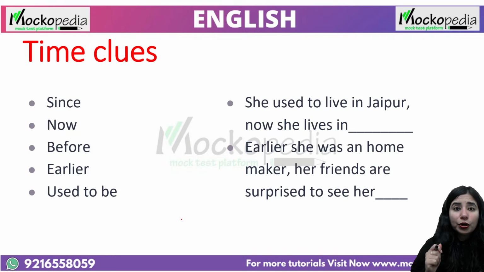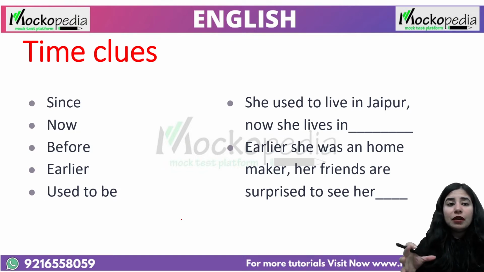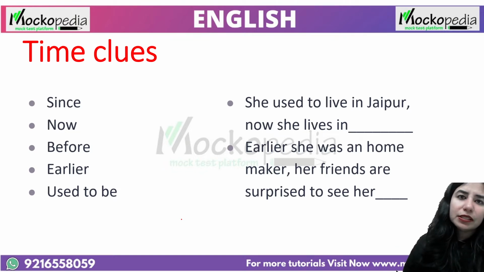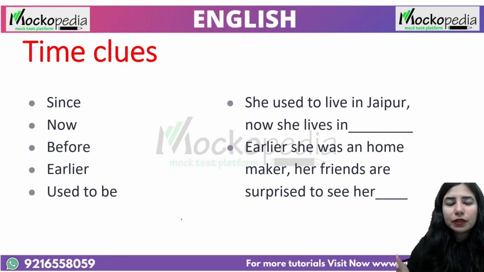Now, there is some important concept which is associated to time. So, we say that apart from transitions, words that we have just seen, there are clues which are time clues. They are also very important and they help the person to understand how changes are happening with respect to time.